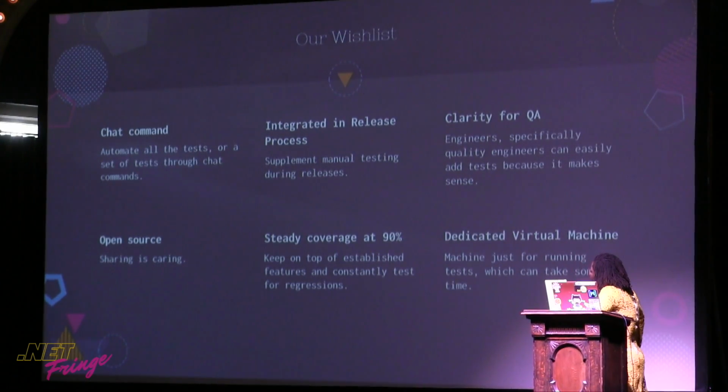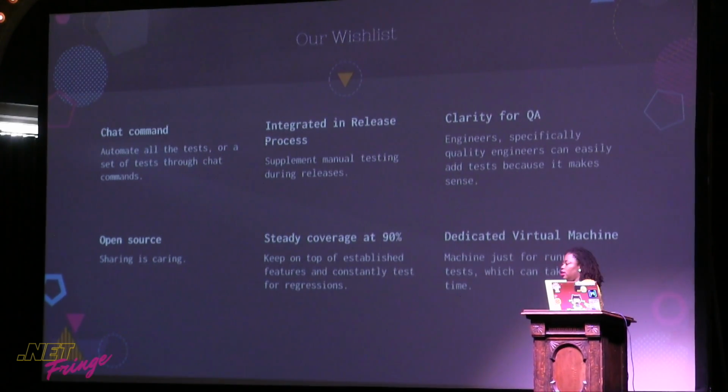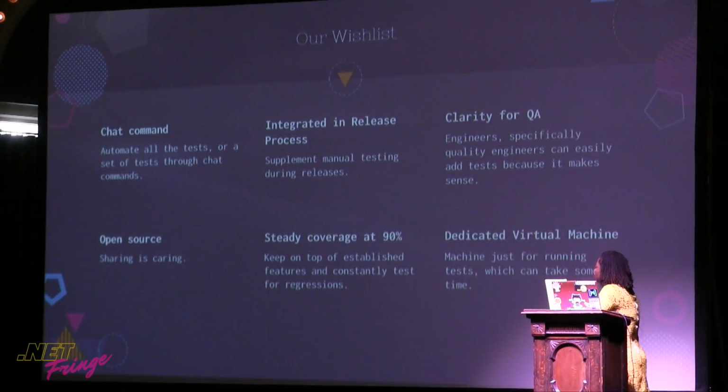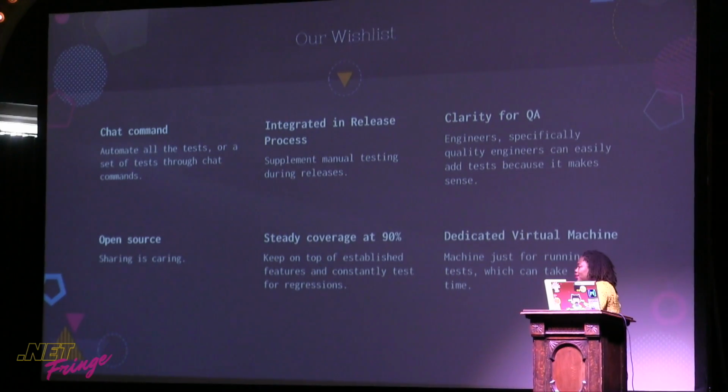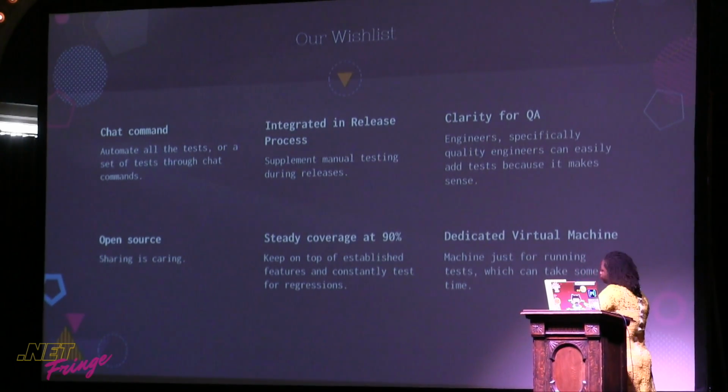And also keep steady coverage at 90%. So basically, going from oldest features to newest features. Maybe we don't have time to automate the newest feature, but we want to make sure all the other ones haven't regressed. And then also just having a dedicated virtual machine that can run this whenever we tell it to.